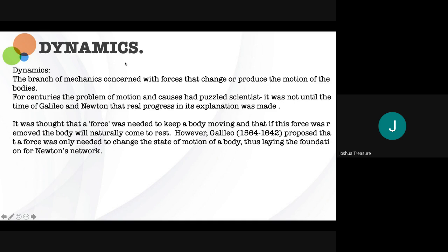It was thought that a force was needed to keep a body moving, and that if this force was somehow removed, immediately the body would come back to rest. But then Galileo, who died in 1642, proposed that a force was only needed to change the state of motion, thus laying the foundation for Newton's three laws and, of course, his other work as well.